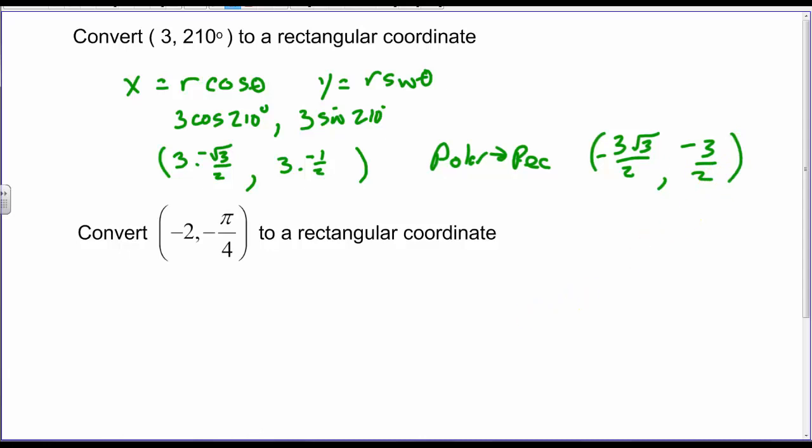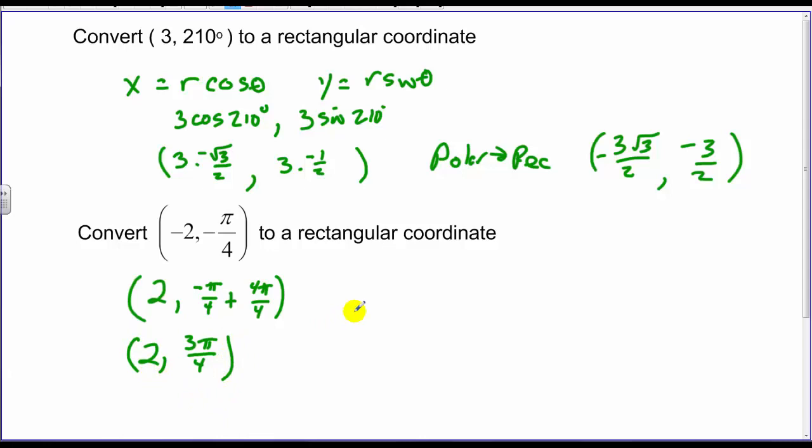And in this next example, we have a polar coordinate using radians, and we want to convert that to a rectangular coordinate. So in order to do that, I'm going to take and get rid of this negative r value, call that 2, and negative pi over 4, and we're going to add 180 degrees onto that, or pi in this case. 4 pi over 4 is equivalent to pi, so this is just 2 and 3 pi over 4.